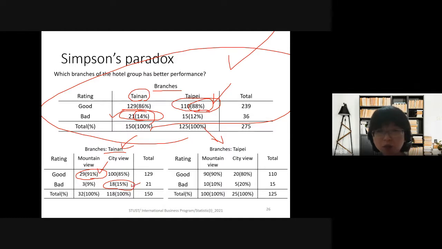And if you look at the branch in Taipei, you will also find that the mountain view, people like it very much, but the city view, people still don't like it.